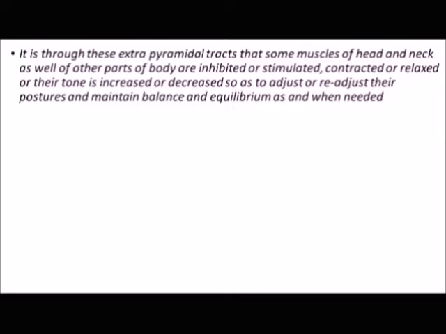And it is through these extrapyramidal tracts that some muscles of head and neck, as well as other parts of body, are inhibited or stimulated, contracted or relaxed, or their tone is increased or decreased, so as to adjust or readjust postures and so as to maintain balance and equilibrium as and when required.